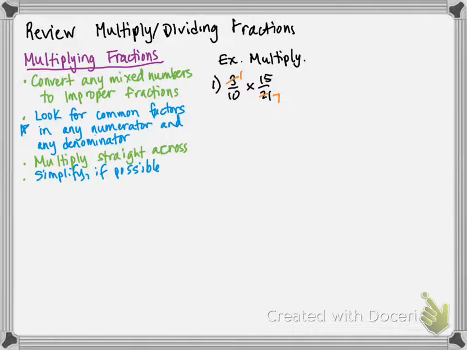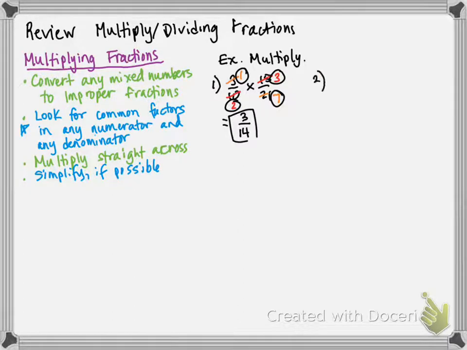Now on the other diagonal, I notice that 10 and 15 have a 5 in common. So 10 divided by 5 is 2, 15 divided by 5 is 3. So then all I'm left to do is to multiply straight across. So I have a 1 times a 3, which is 3, over a 2 times a 7, which is 14. And there's your answer.